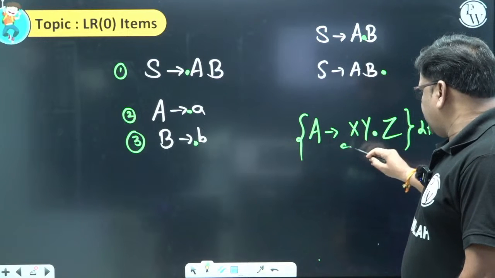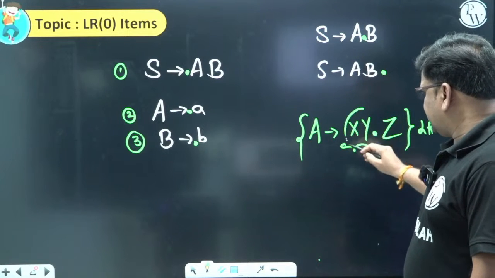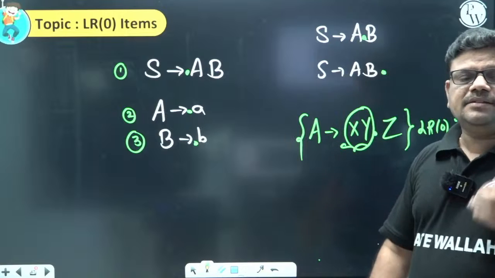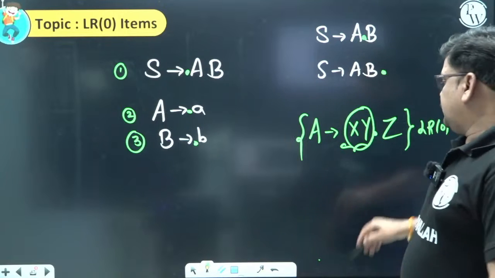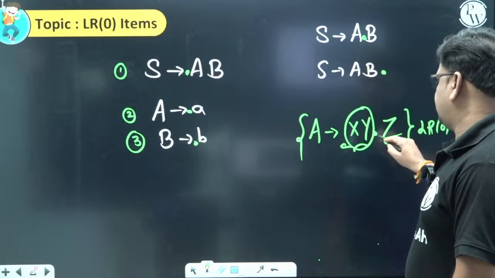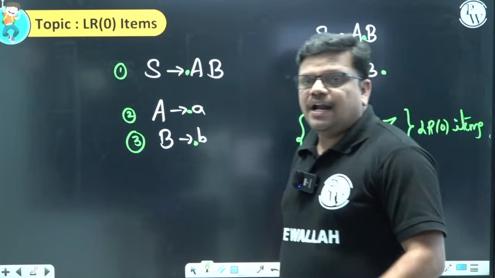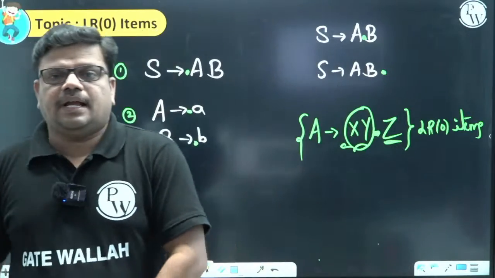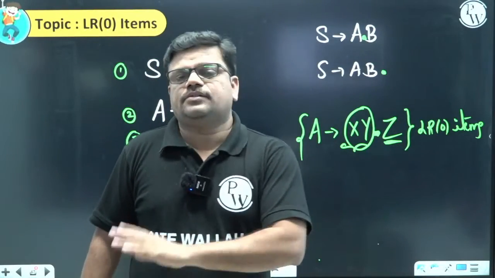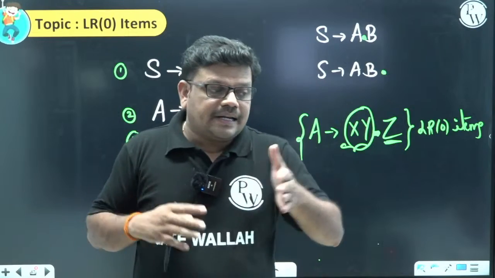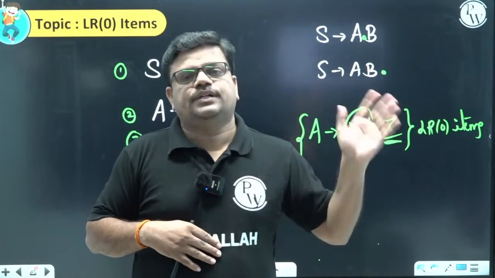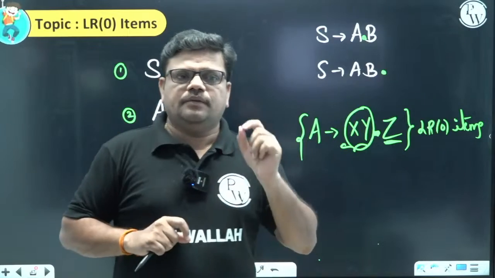Whatever is on the left part of the dot, the parser has seen already. Whatever is on the right part, it has yet to see. So the dot's left part is already in the stack, already entered into the stack, and read by the parser. The right part is what the parser is ready to see. This particular indication will be given.